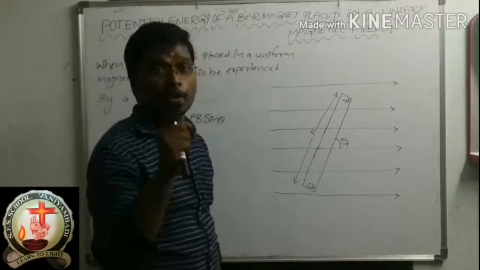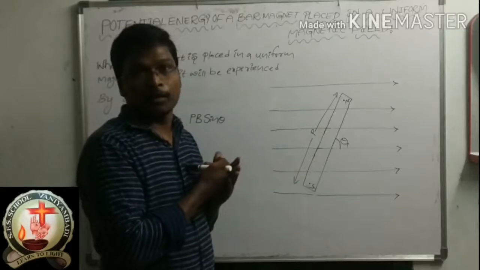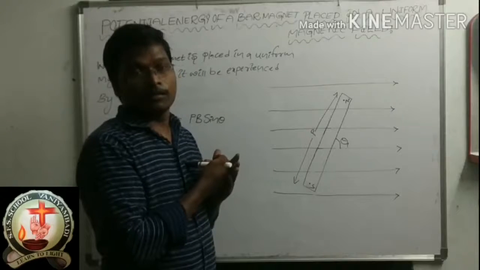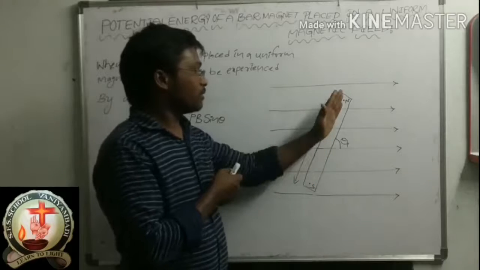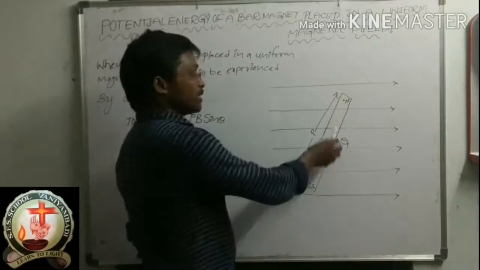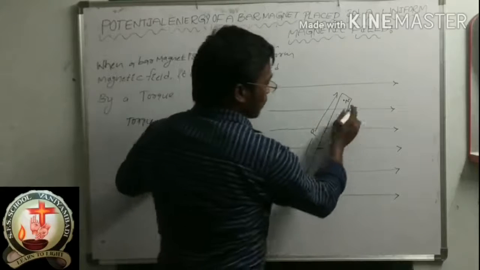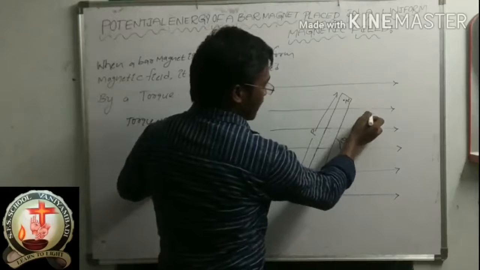If you understood yesterday's class clearly, there is no need to give this much explanation here. So whenever this magnet experiences torque, this magnet will rotate like this. Okay, see, this is the north pole. This magnet will be shifted here.